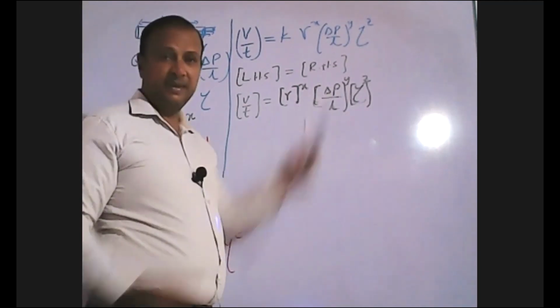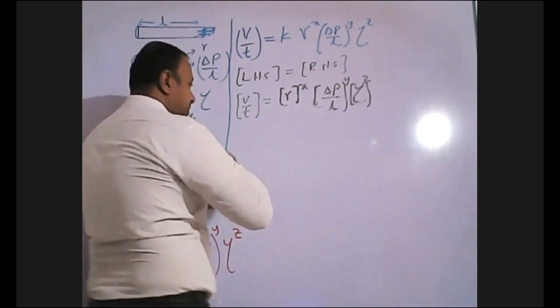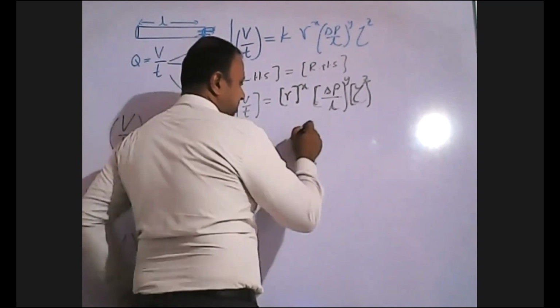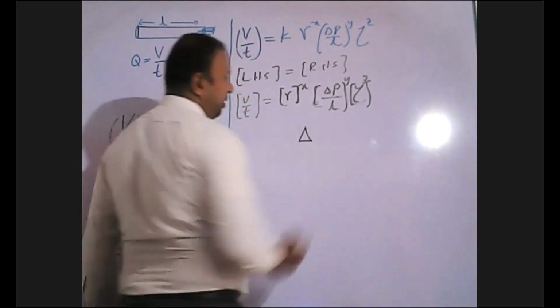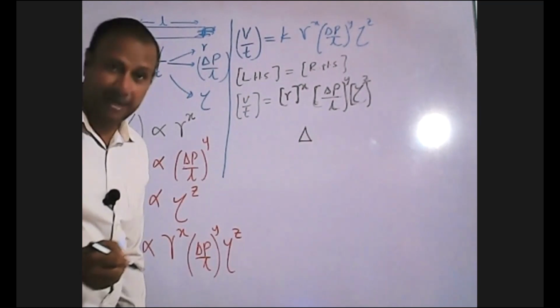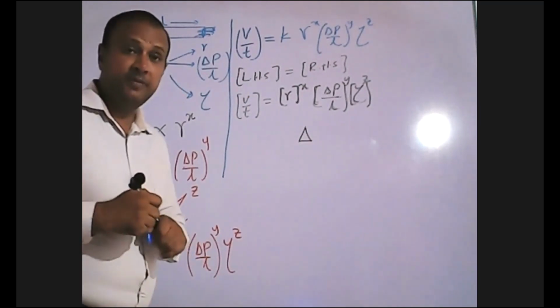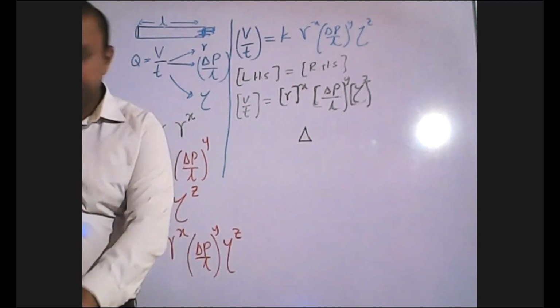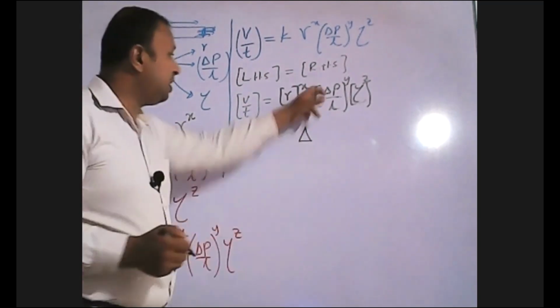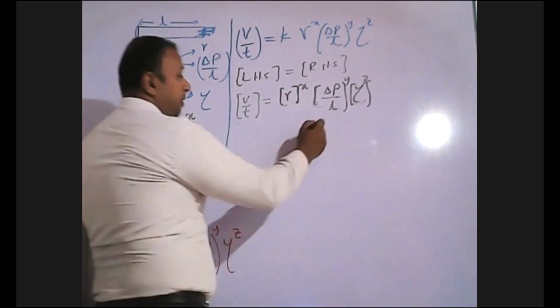This triangle symbol is called delta. Normally we use delta to represent a difference. Delta P means pressure difference.